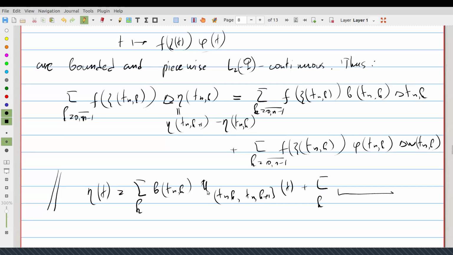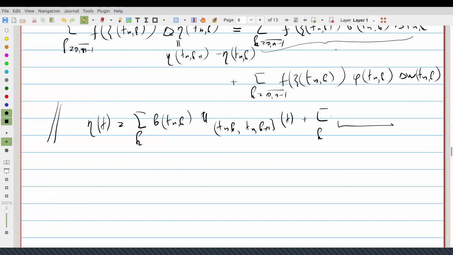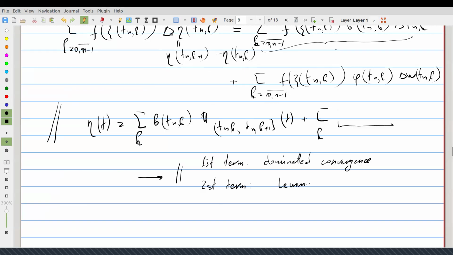Now, everything is bounded, so this is going to converge. First part, first term, is just ordinary dominated convergence, almost surely. And the second term is lemma 1, because it's piecewise continuous.